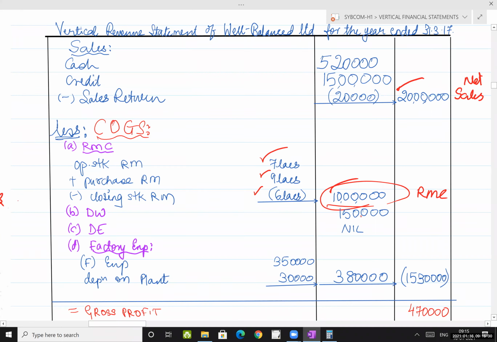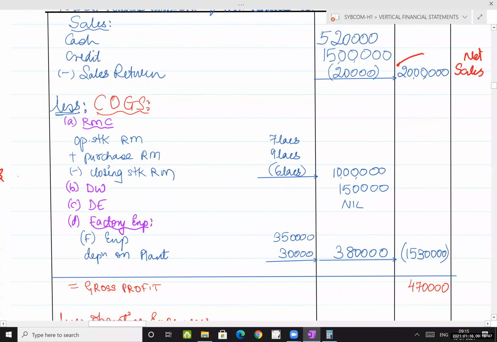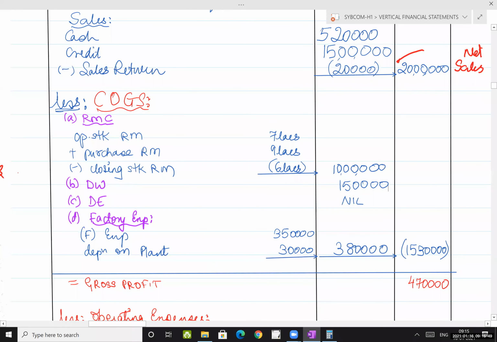Then direct wages 1 lakh 50. Okay, direct expense is not there in the question, and factory expense, you have 2 things, factory related expense and depreciation on plant 30,000.